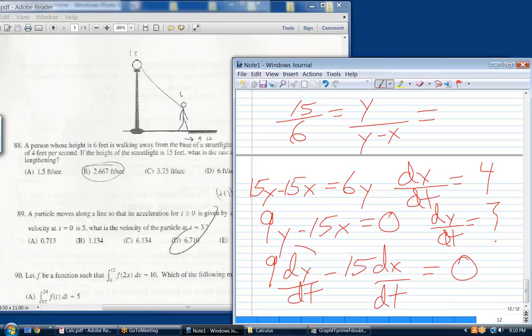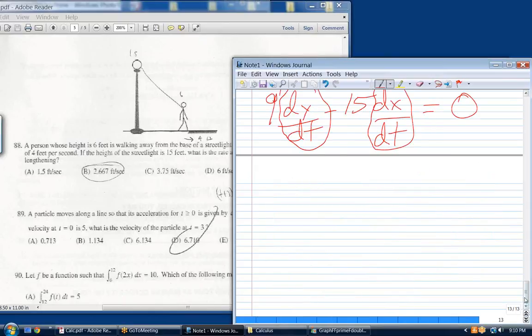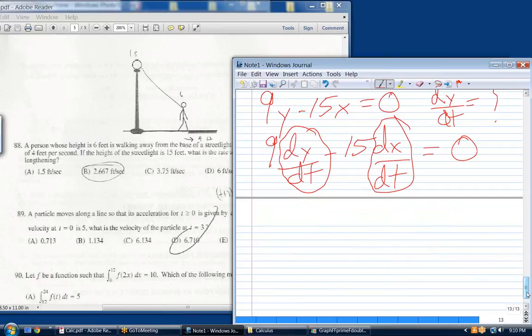We're trying to solve for dy dt, and we were given that dx dt is equal to 4. So let's see if that works. Dy dt is equal to, if I plug in 4 for that, I get 60 on the other side divided by 9. That should be the answer, 6.7.